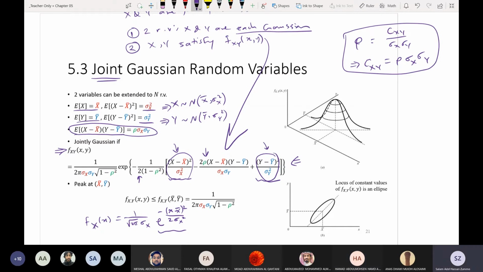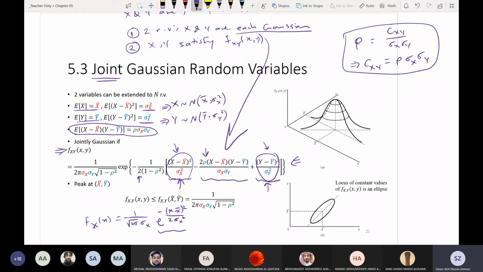Okay, perfect. Now, just to understand, how does the jointly Gaussian PDF look like? It looks like an x part, which is (x minus x bar) squared divided by sigma x squared, a y part, which is (y minus y bar) all squared divided by sigma y squared, and then we have the thing that connects them together.